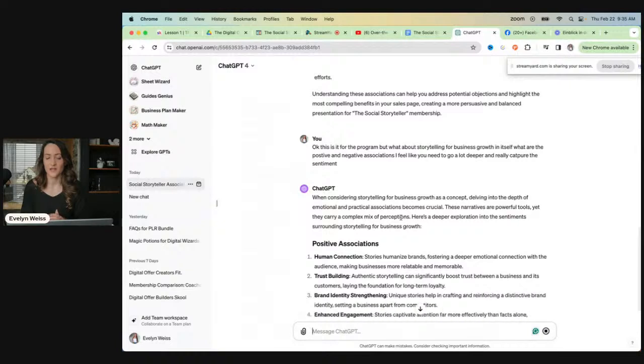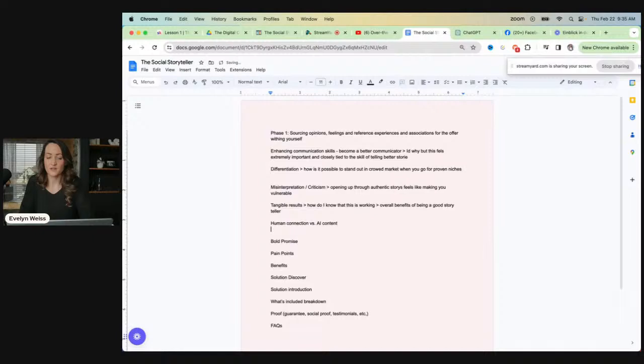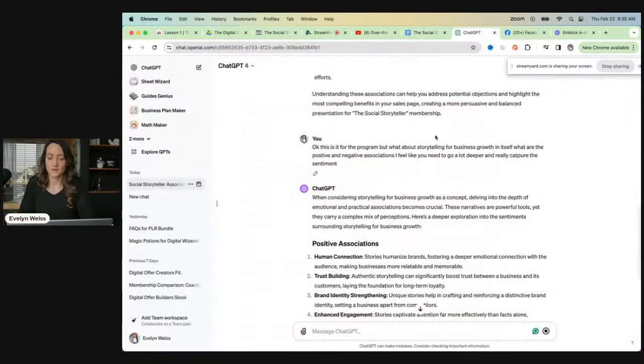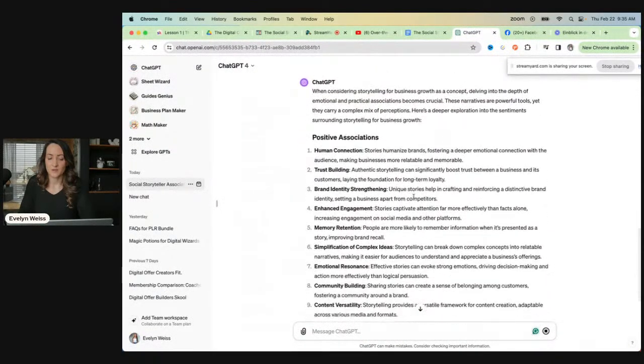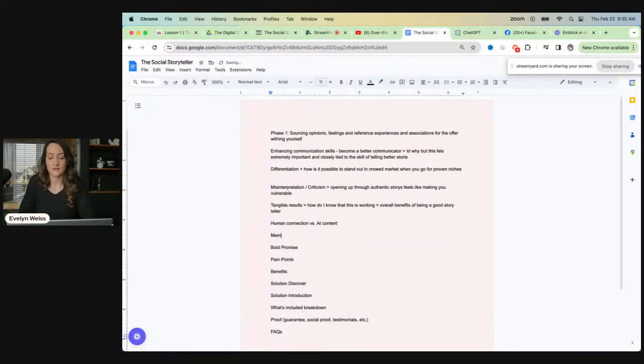Positive associations, human connection. Oh, human connection is so important with AI. Human connection versus AI content. Trust building. Memory retention, yes. Memory.